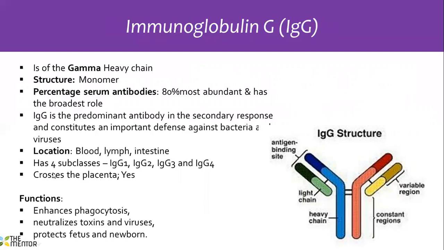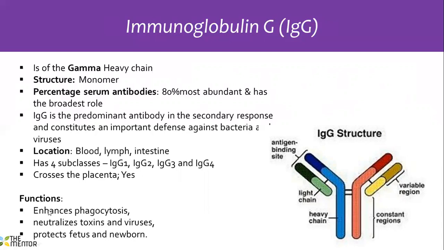Immunoglobulin G also has subclasses: IgG1, IgG2, IgG3, and IgG4. And we know that it crosses the placenta, and that's an important fact. Because it crosses the placenta, it can confer immunity from the mother to the baby, or to the fetus.